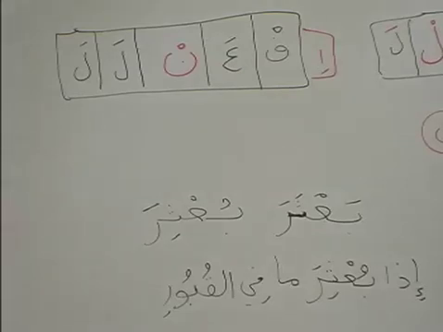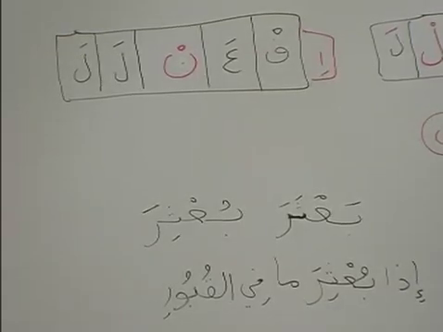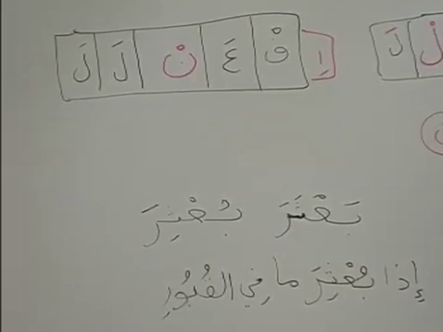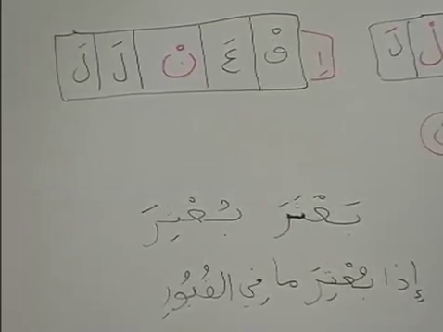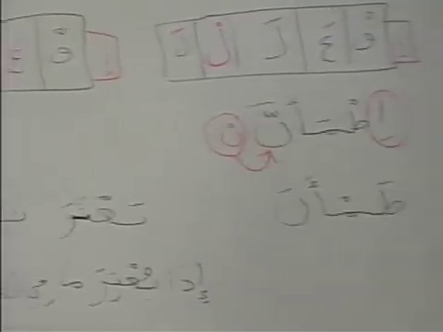When it is majhul, what do you look for? Na'ib fa'il. Where is the na'ib fa'il? Ma. Ma al-mawsula is your na'ib fa'il. And fil-qubur, jar majrur, silatul mawsul. Very good. Keep that in mind because we are going to get these verbs which are very familiar to us, but we never knew what they are. Now, inshallah, we are learning.